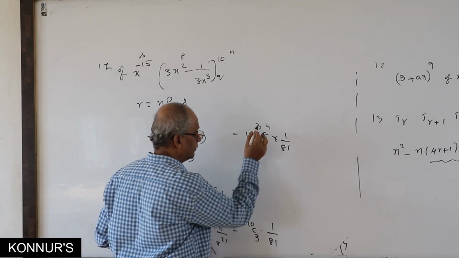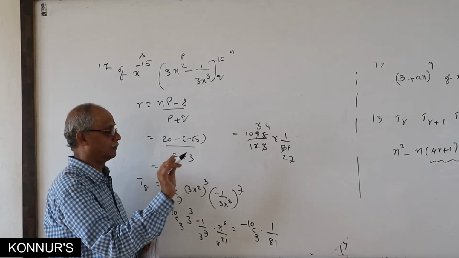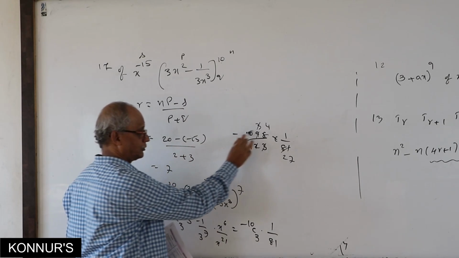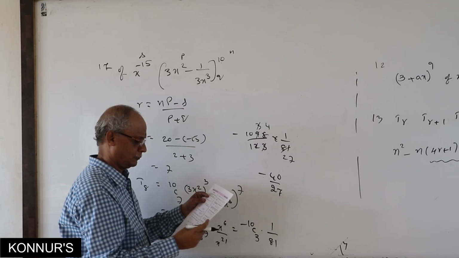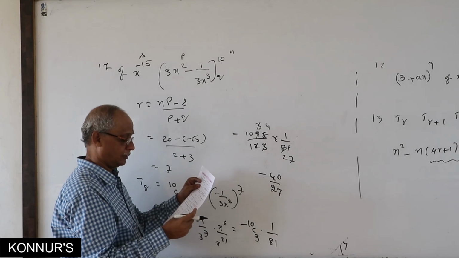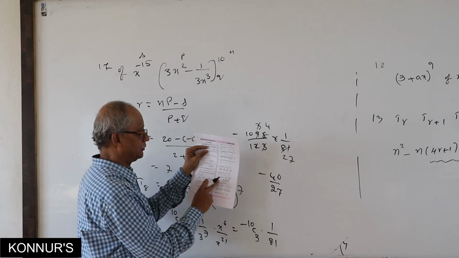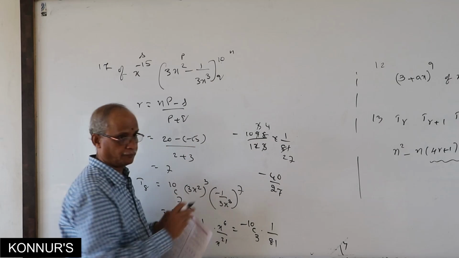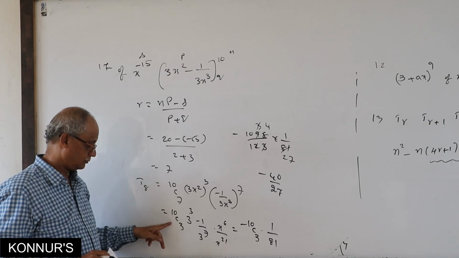Here cancel. Power. Minus 40 by 27. Problem number 17: second option. The first option is positive. Minus is important. Second answer.